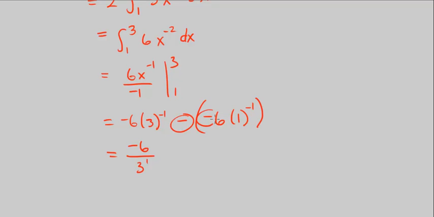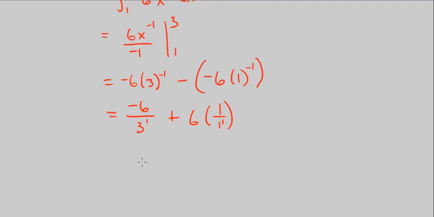This minus cancels out with this one, so we have plus, and 1 to the power of negative 1 is also 1 over 1 to the power of positive 1, right? Simplifying, this here is negative 2 plus this here is 6. Negative 2 plus 6 is 4 units squared.